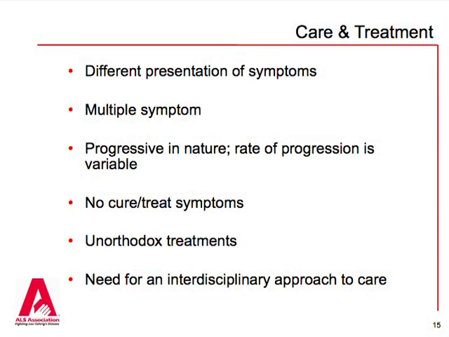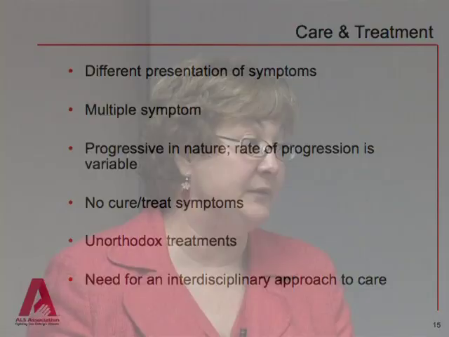So many of you in this room have worked with people with ALS, but I bet if you've worked with a number of people with ALS, they could look very, very different. And that's one thing that we really want to point out, that not everybody is going to progress the same way. We do know, however, that it's progressive in nature. It's just the rate of progression that is variable in this disease.